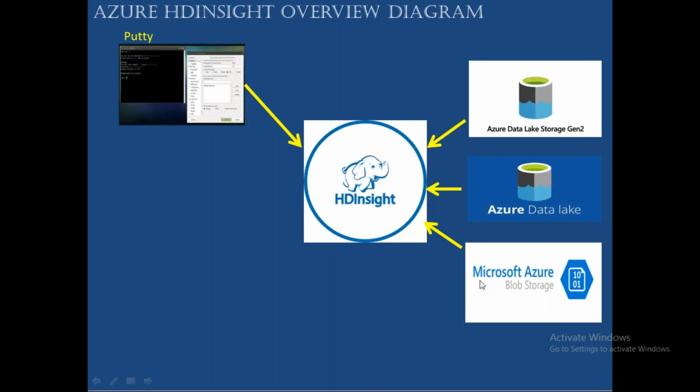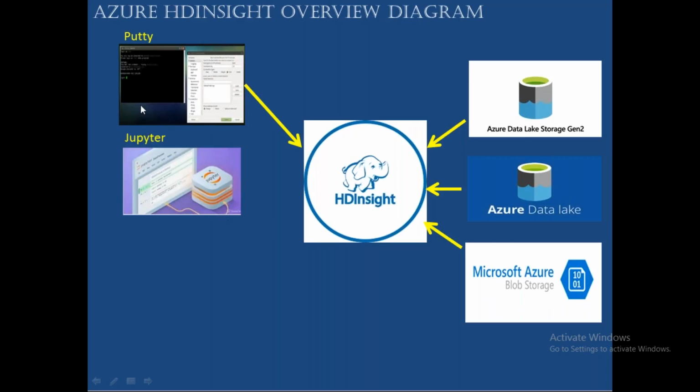Any other storage or database, if you want to read data from it, it is not possible. The only data you can read is from Data Lake Storage Gen 2, Gen 1, and Blob storage. Other storages are not possible. From other storages or databases, you cannot read data into Azure HDInsight. So when I submit Spark code, it can access data only from these storages.